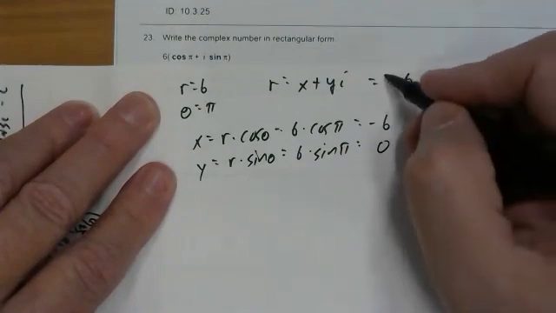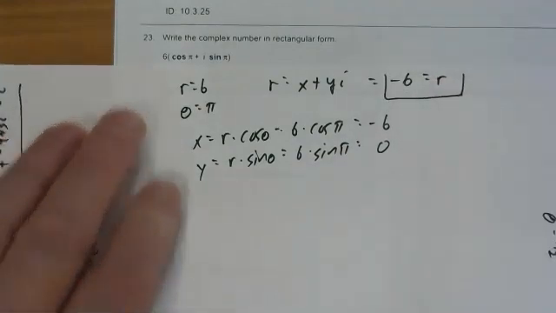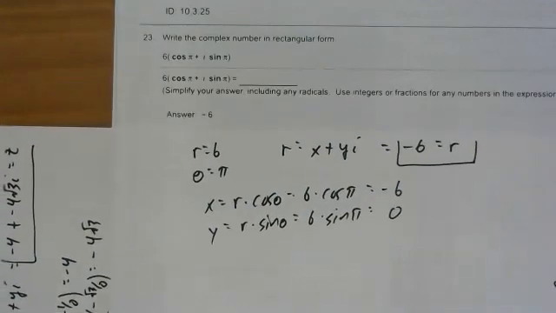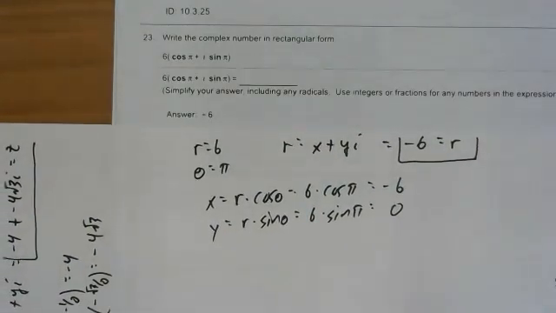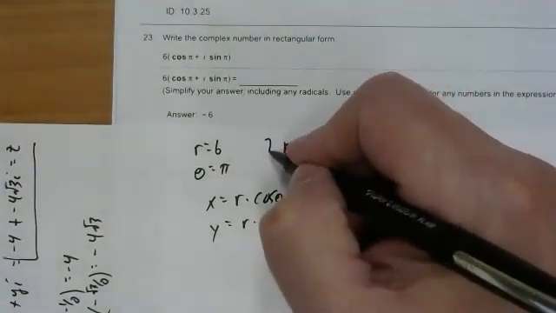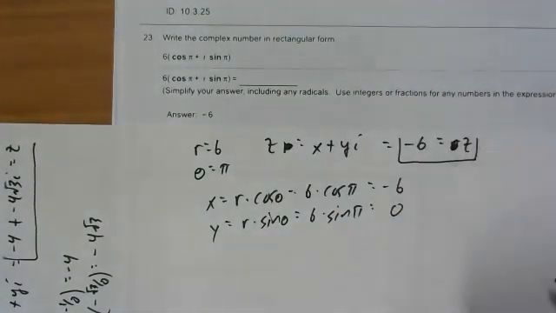So I believe the answer should be negative 6. Sorry, I should call this z. I normally call it that.